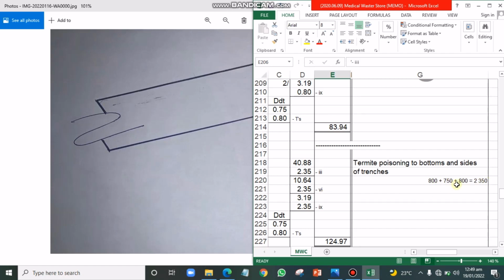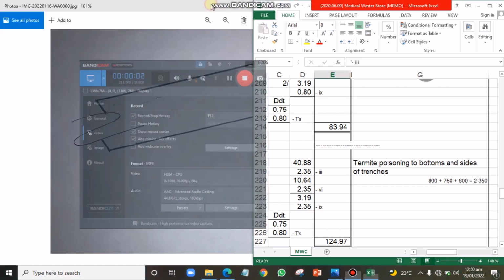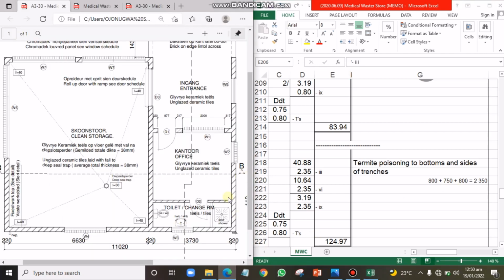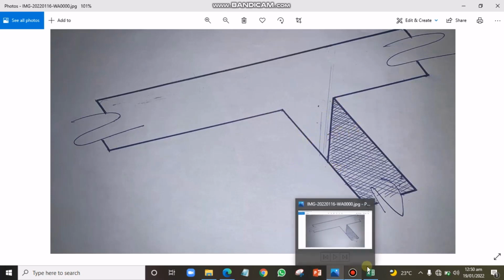So let us take a look at it and round up this tutorial. Okay, so to bring this tutorial to the final phase, 800 is the depth of one side, 750 is the width of the bottom, which we may not likely see in this place, but we can see it on this page here. 800 is the depth of this side, 750 is the bottom that you cannot see from this diagram, then the other 800 is the depth of the second side.